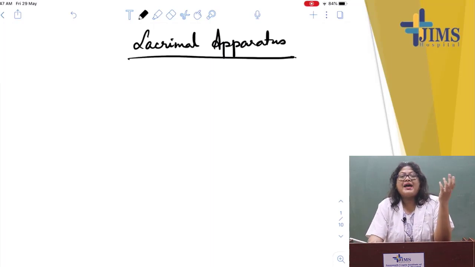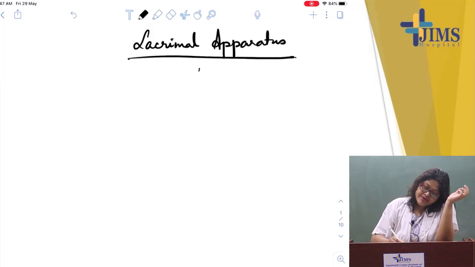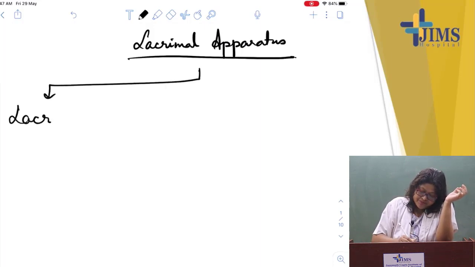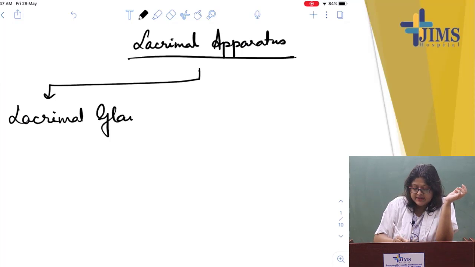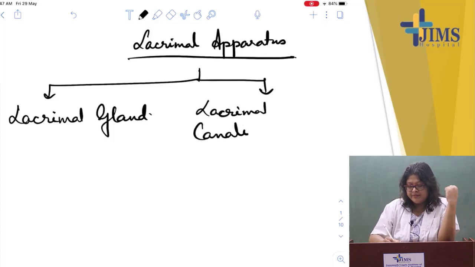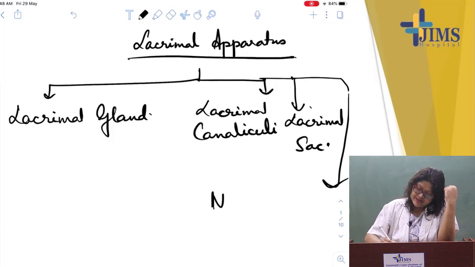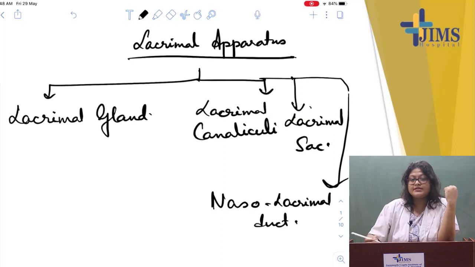Whenever we call something an apparatus, we know that we are talking of a part which is composed of many subparts. So this lacrimal apparatus is composed of, first, the lacrimal gland, next the lacrimal canaliculi, next the lacrimal sac, and the last the nasolacrimal duct.